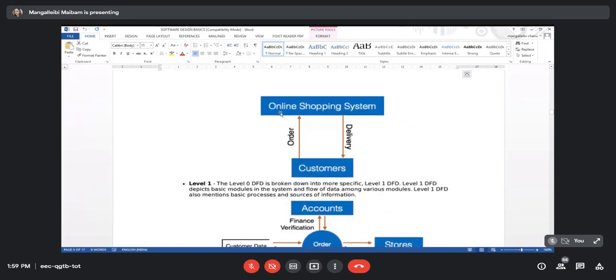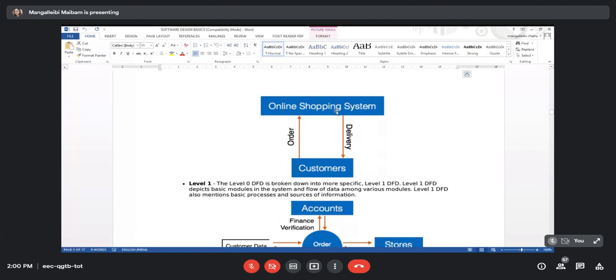You can see here, online shopping system. This is the customers. This is the online shopping system. Customers give an order through this portal, and the authority or the people inside who are responsible will collect our order and send it to us.